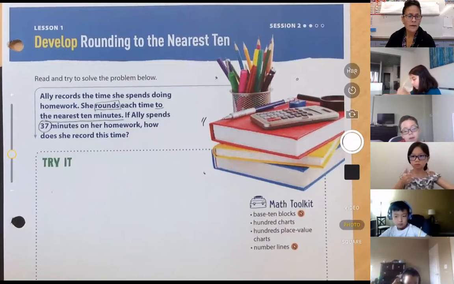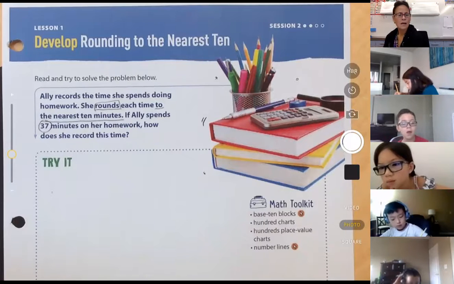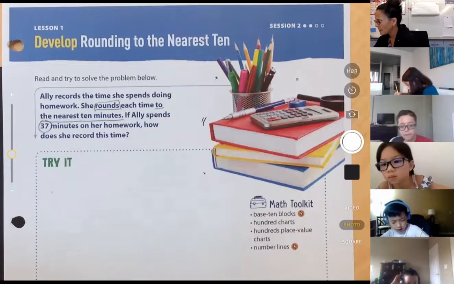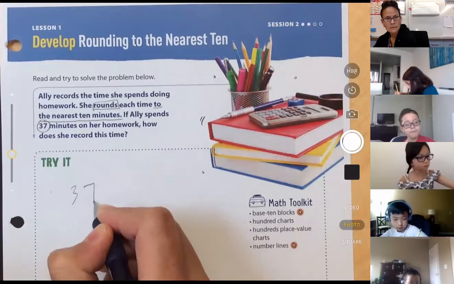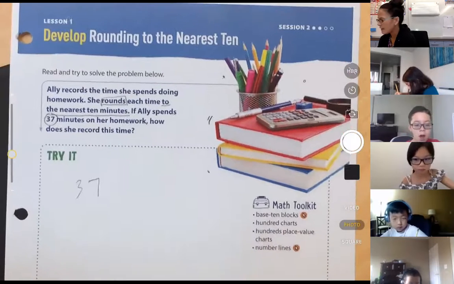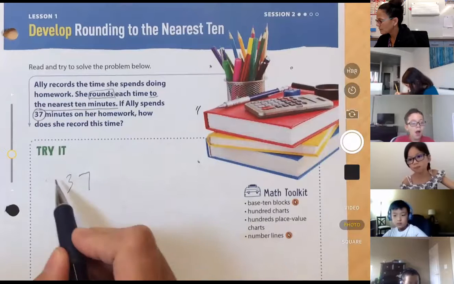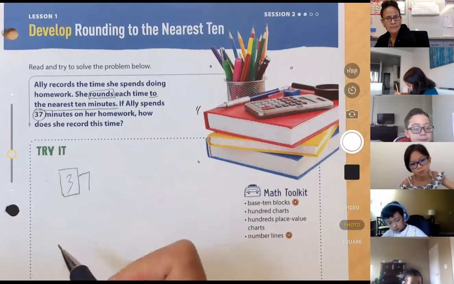There are a number of strategies that we could use, right? We could use a strategy from the rounding pictorial that we talked about. If we take the number 37, we first identify the place that we're rounding to, which is the tens place.